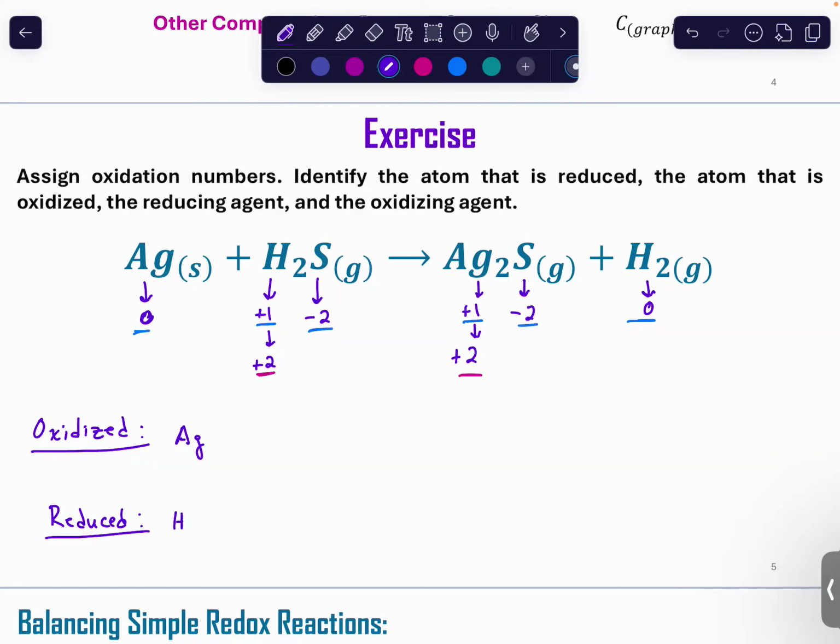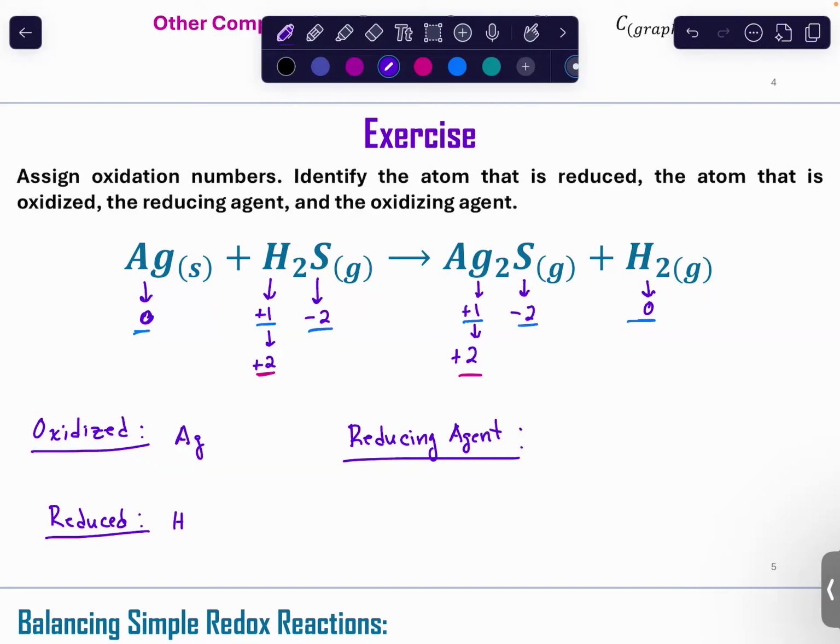Now, here's the fun thing. I'll write these in the reverse order so you can get it in your head. The reducing agent has the atom in it that was oxidized because it is the compound that's giving away electrons to another element.